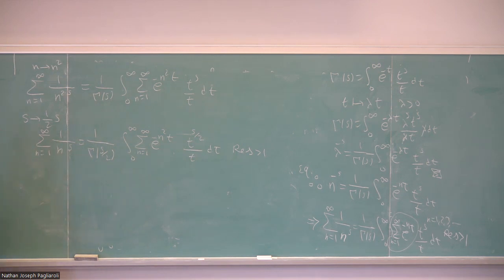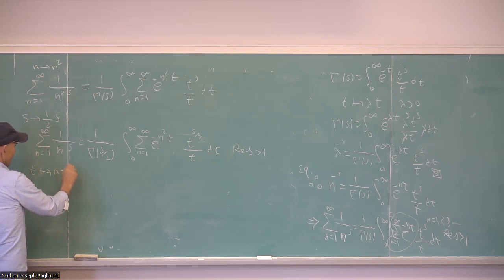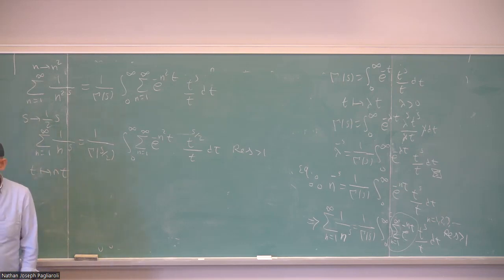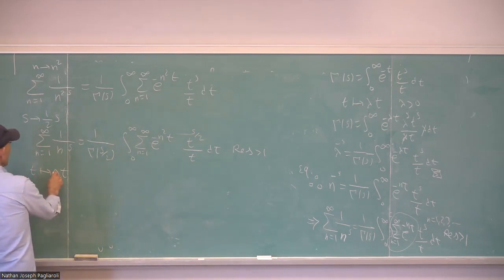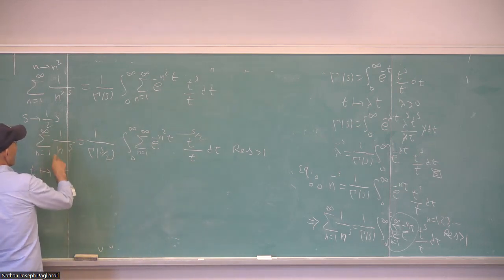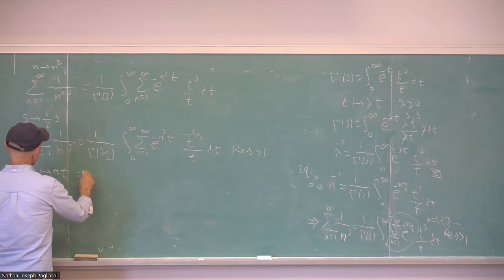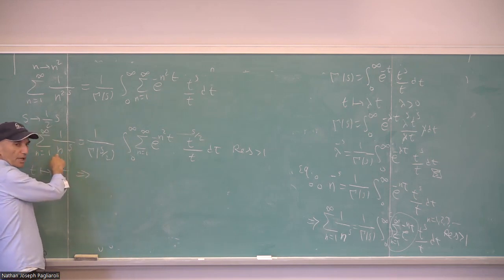Okay, then I will change t to pi t. Let's see what happens. Then on the left-hand side, I have the zeta function.